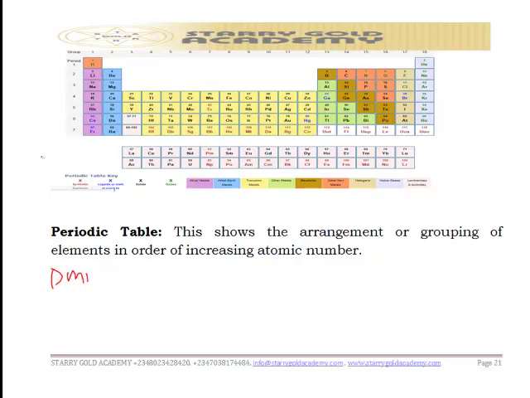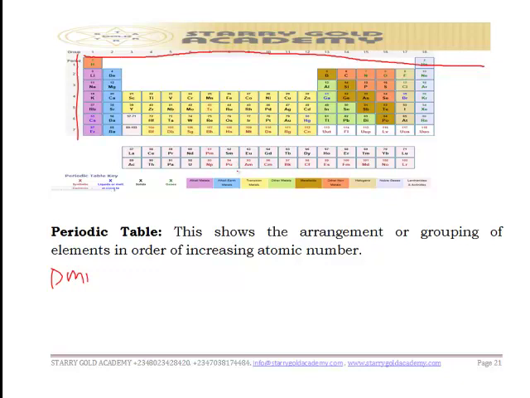Now look carefully, there's something I need to point out. In this diagram, the group runs from this place down here. The period goes this way. In the groups, we have group 1 to group 8.